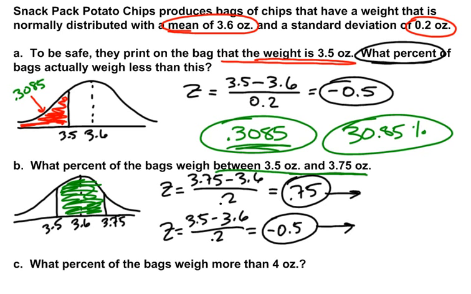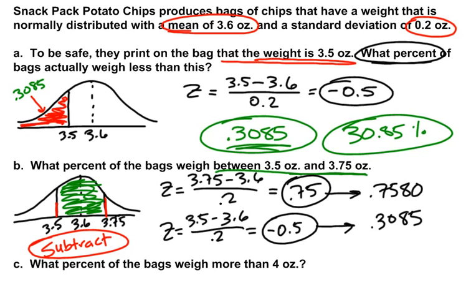The value that we get when we look up positive 0.75 would be 0.7580. The value that we get when we look up negative 0.5 would be 0.3085. Now, when we look at the area between two values, we are going to subtract the areas, or the percentages.